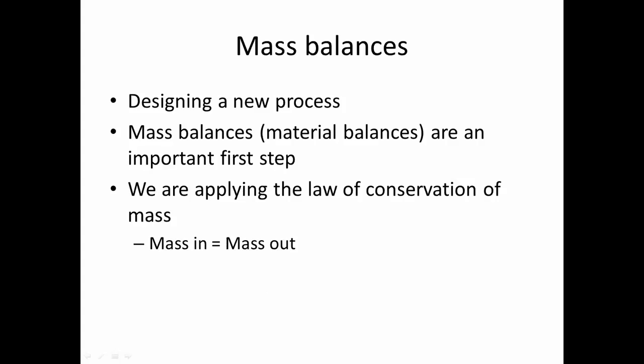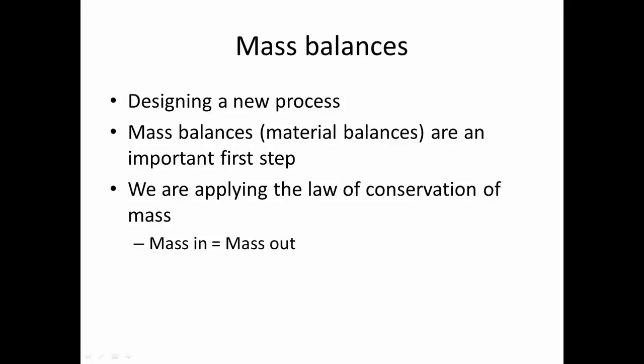So mass balances. If we're designing a new process, mass balance is a very important first step. We are basically doing our bookkeeping, as I said in class, while at the same time applying the law of conservation of mass. You might notice that we use either the term mass balance or material balance.